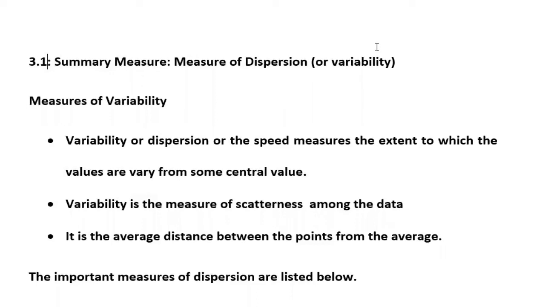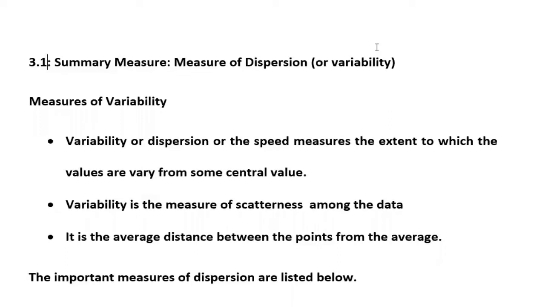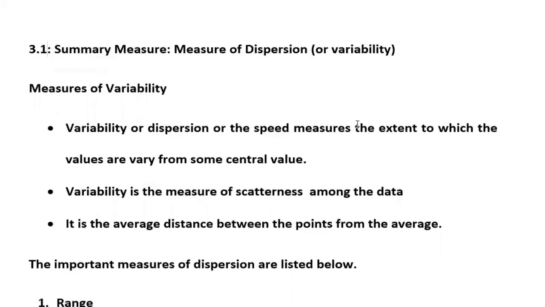So in the measure of central tendency, we calculated a single value, maybe mean, median, or mode, that represents the original data. But a measure of variability represents the difference of data in terms of average, or maybe in terms of mean, mode, like that. So this is nothing but the measure of difference.